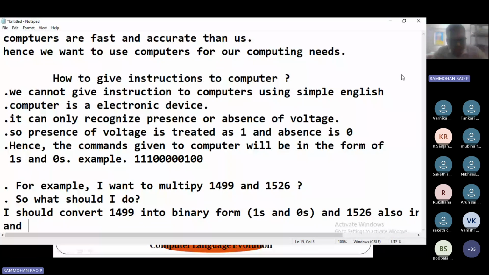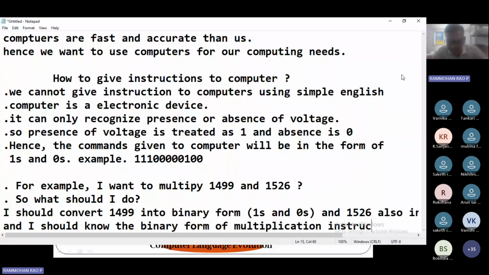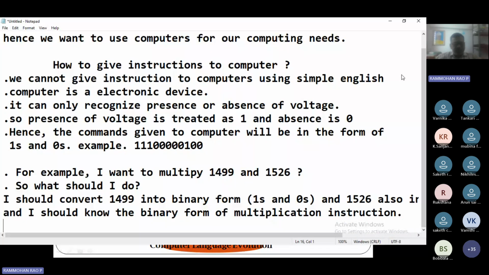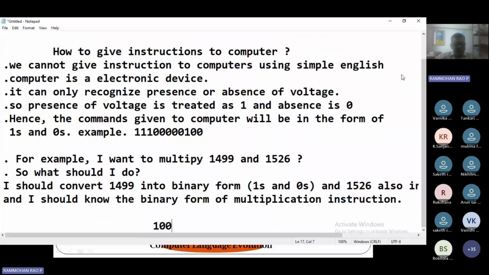And I should know the binary form of the multiplication instruction. So friends, listen carefully. For multiplication, what is the command I want to give? Multiply. For multiplication there will be a command, and that command will be in binary form. Let us assume this is the multiplication command's binary form, and I should remember this.